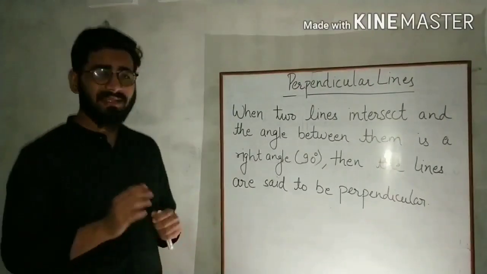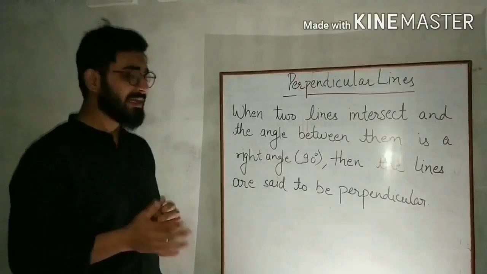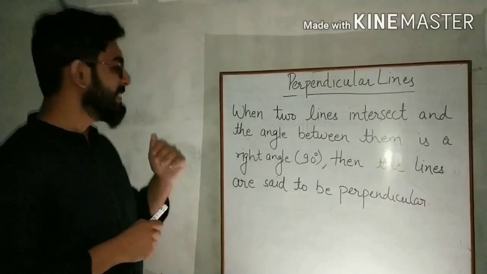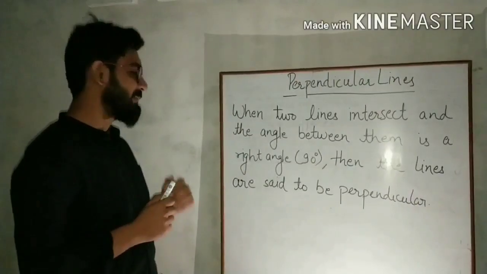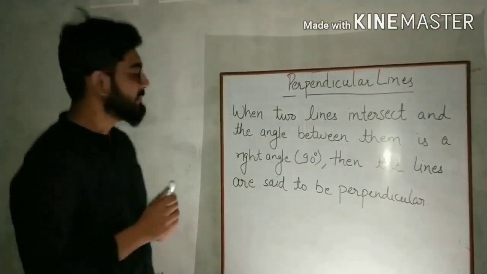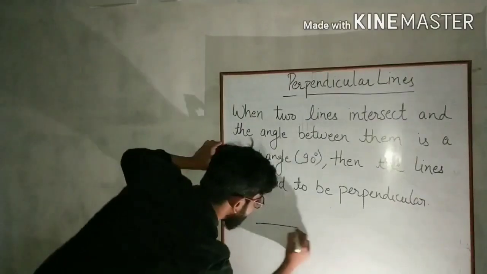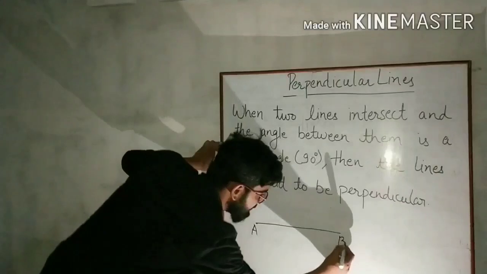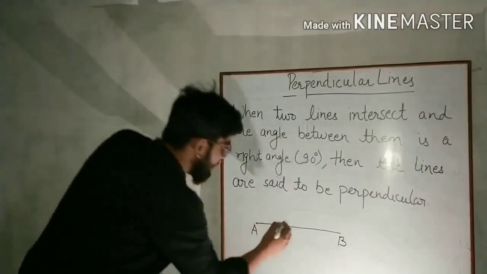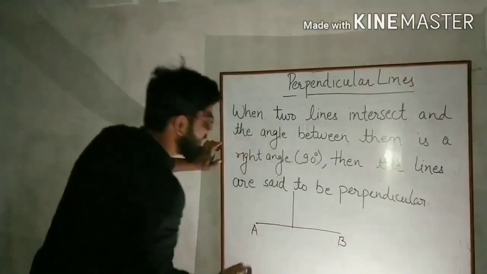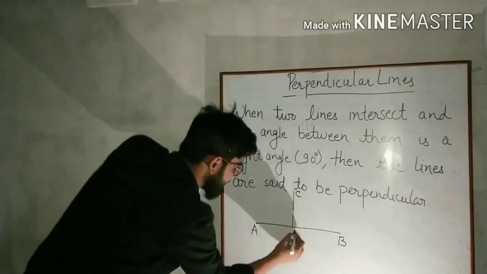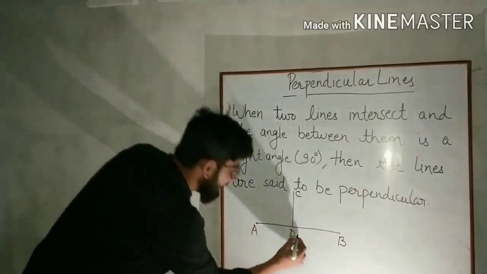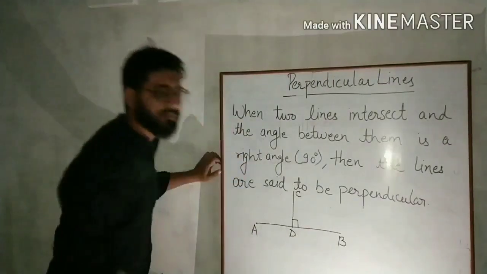When two lines intersect and the angle between them is a right angle, that is 90 degrees, then the lines are said to be perpendicular lines. Look here, suppose this is one line, let us name it AB, and another line intersects it, let us name it CD, and the angle between them is 90 degrees.